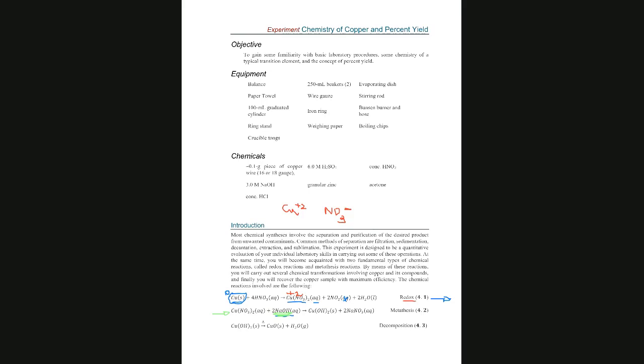The copper nitrate is aqueous, a solution, and the sodium hydroxide is a solution. So we have 2 solutions on the reactant side, aq. What do we have on the product side? They are giving us an S, so that means we will see a solid there.